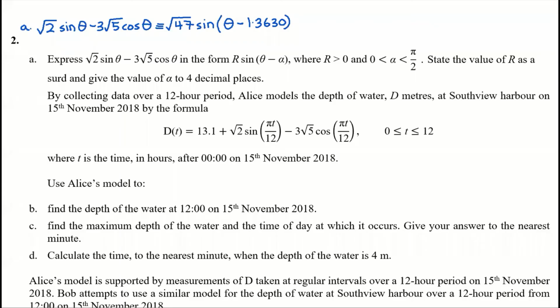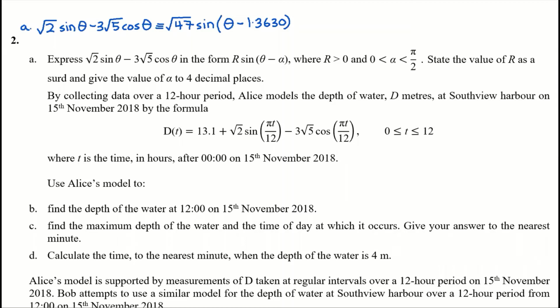What I've done is come back up to the question and written down our result from part A, so we can see what we've discovered. We now have this model, which represents the depth of the water at a harbour in Southview. This is Alice's model.